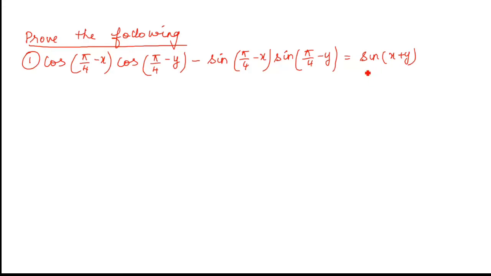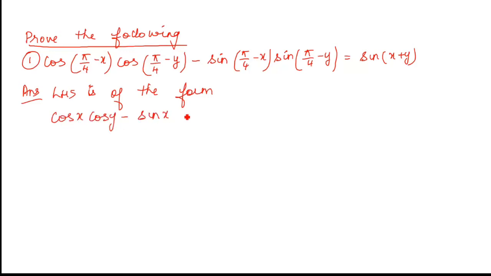Now, as I look into the left hand side, is any idea flashing your mind? So when I look into the left hand side, please write LHS answer. LHS is of the form cos x cos y minus sin x sin y.